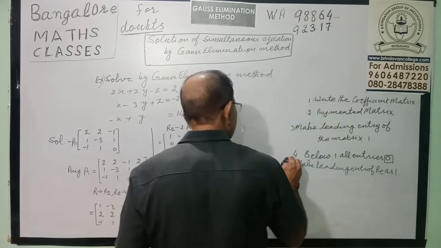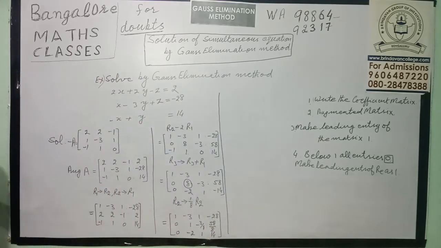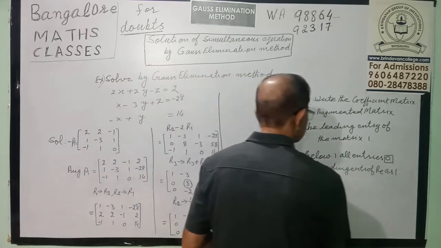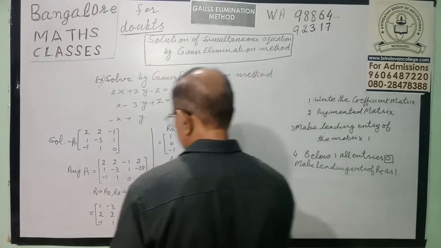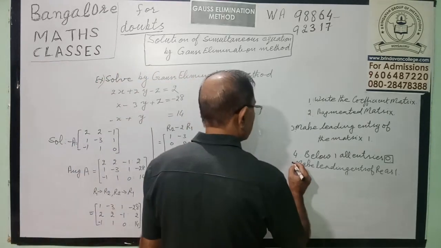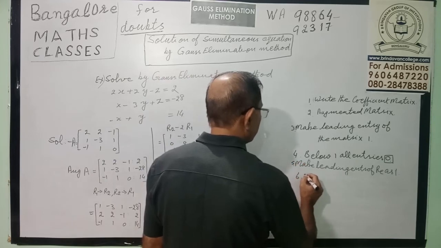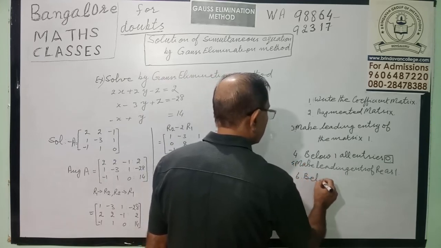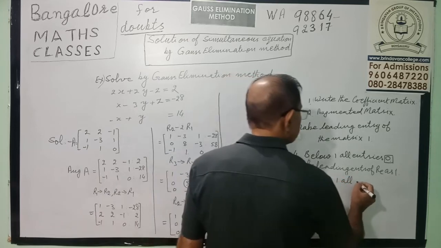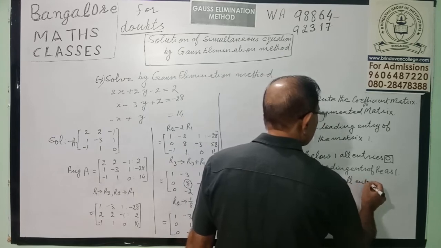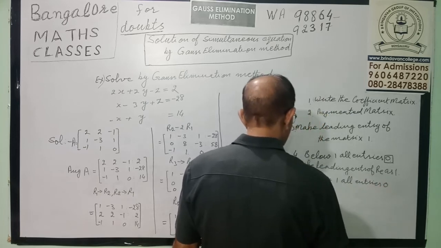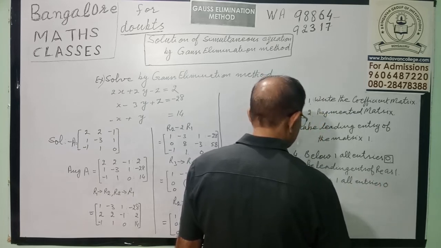Then below 1 all zeros. Below 1 all entries 0. Write the coefficient matrix and solve.